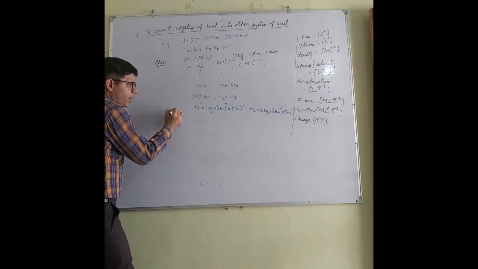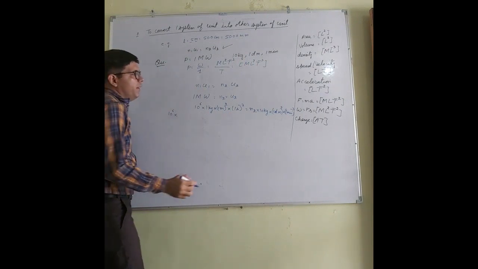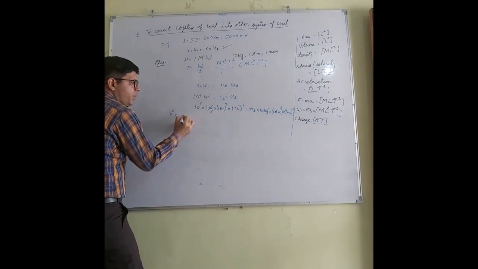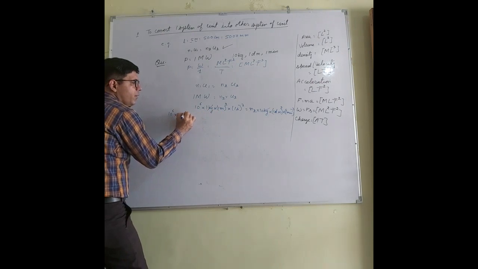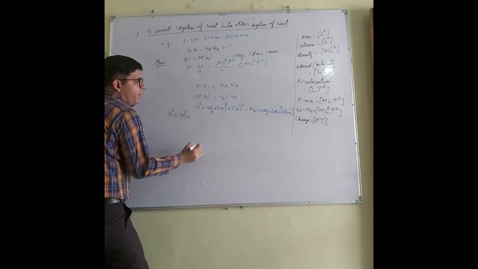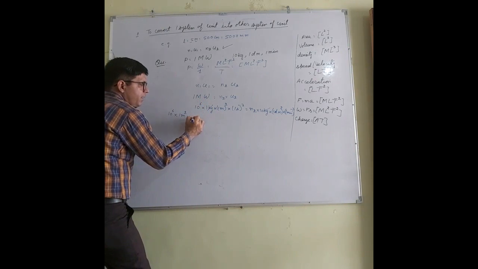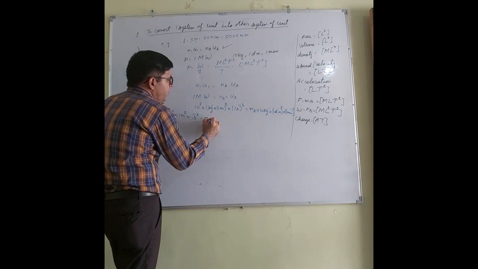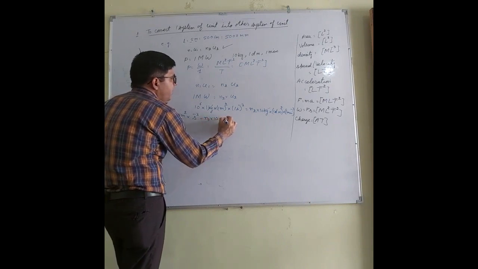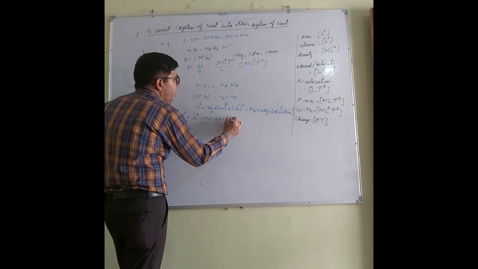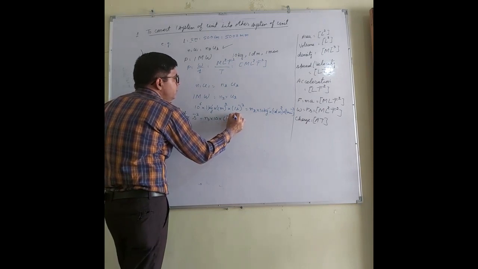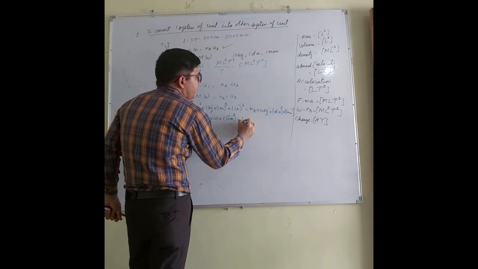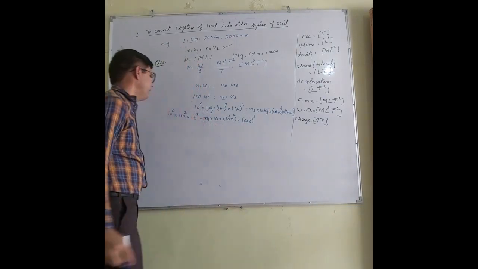So this is 10 to the power 6 multiplied by, kilogram is common, so let's cancel the kilogram. Now if you open this bracket, I will get 1 meter square, 1 to the power minus 3 is 1, and second to the power minus 3, it is N2 multiplied by 10, and 1 deci means 10 to the power minus 1 square, and 1 minute means 60 second to the power minus 3.